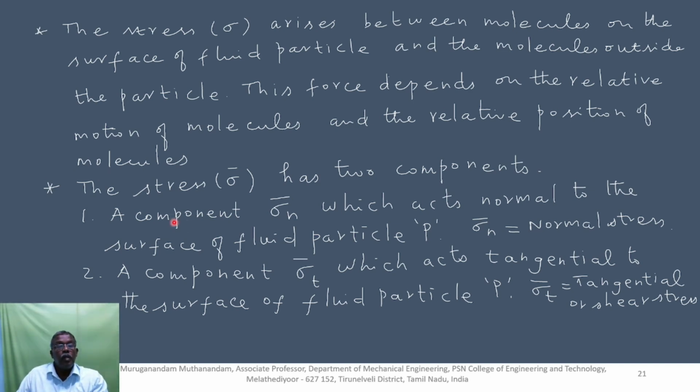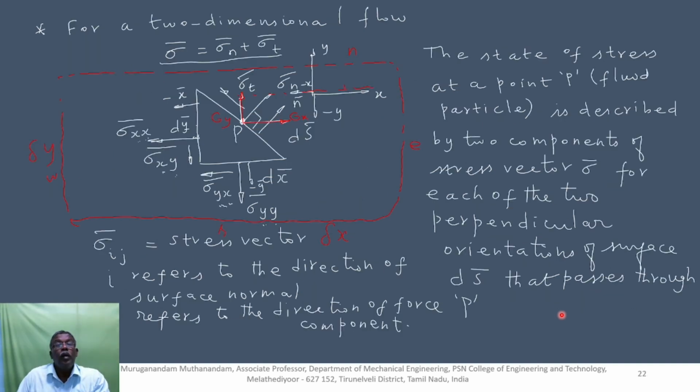The stress has two components: a component sigma n, which acts normal to the surface of the fluid particle, called normal stress, and a component which acts tangential to the surface, that is tangential or shear stress. As shown here, a normal component of the stress sigma n and a tangential component of the stress sigma t.